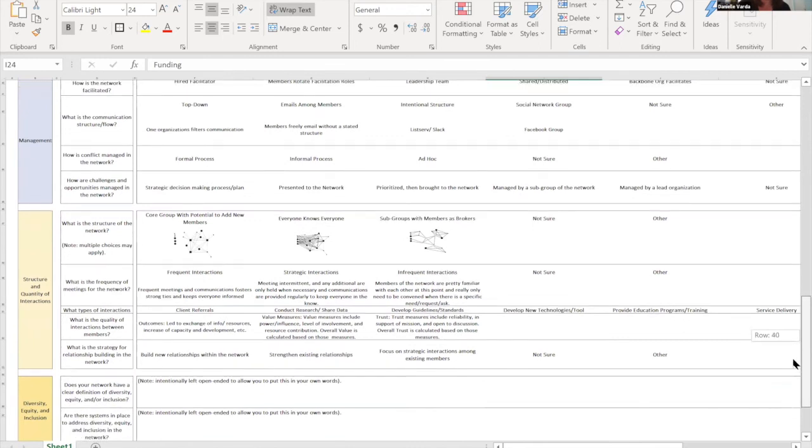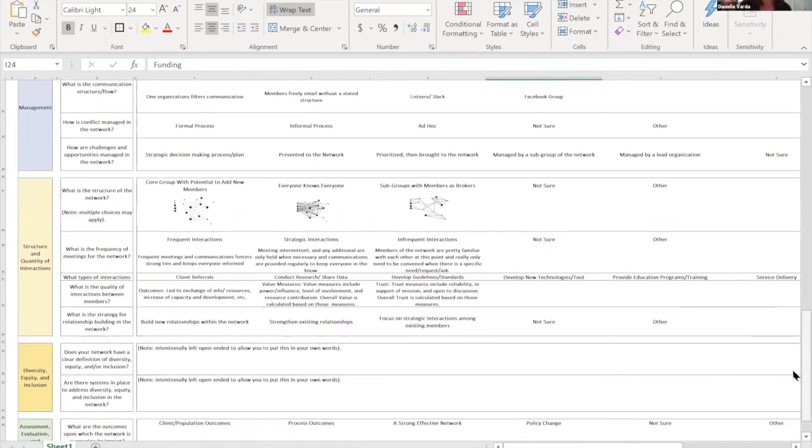The structure, quantity and quality of interactions is a section that is very SNA or survey driven from our perspective, meaning we can really collect data on these things, where some of the others are more intangible. These kinds of interactions, quantity of interaction and things like that is something that we really specialize in using the partner tool to do.